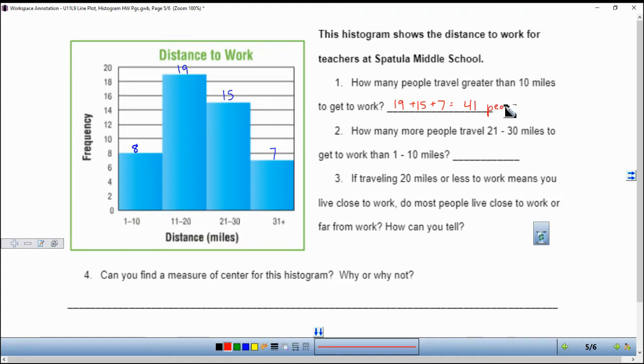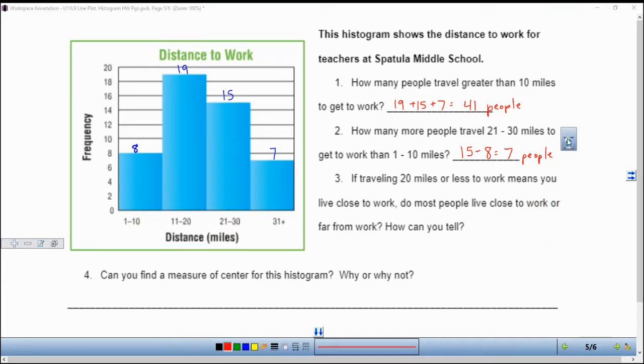So if we add up those three intervals, that tells us that 41 people travel greater than 10 miles to get to work. How many more people travel 21 to 30 miles to get to work than 1 to 10? Well, 21 to 30 has 15 people. 1 to 10 has 8. So to find how many more, we would subtract 15 minus 8, which is 7 people, which seems like a lot. 21 to 30 miles is quite a distance to travel every day.